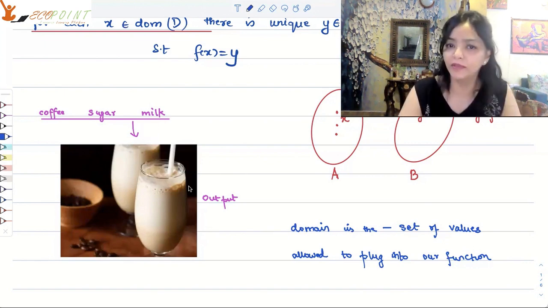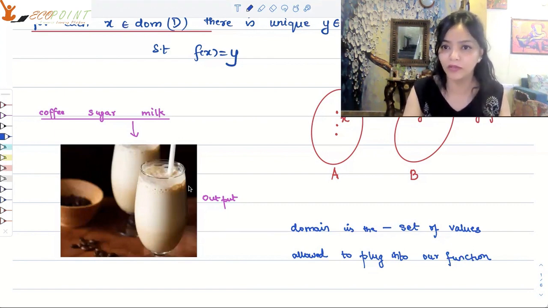Let's take another example. Suppose we're talking about an assembly line to manufacture televisions. So there are a lot of chips required in order to create the screen and create a functional television, right? So all the electronic instruments, all the chips required, everything that goes into creating a television is the input or domain for that function. What is the function there?